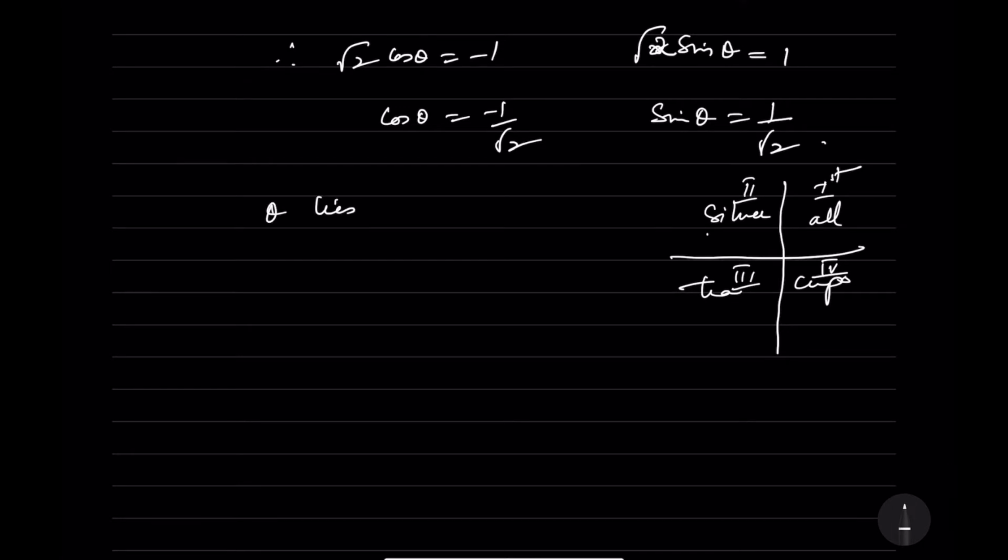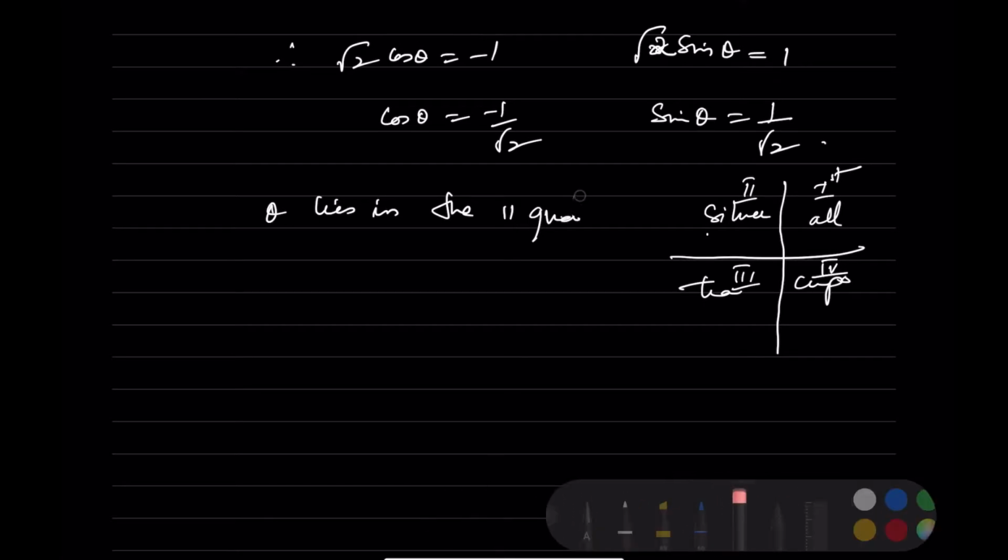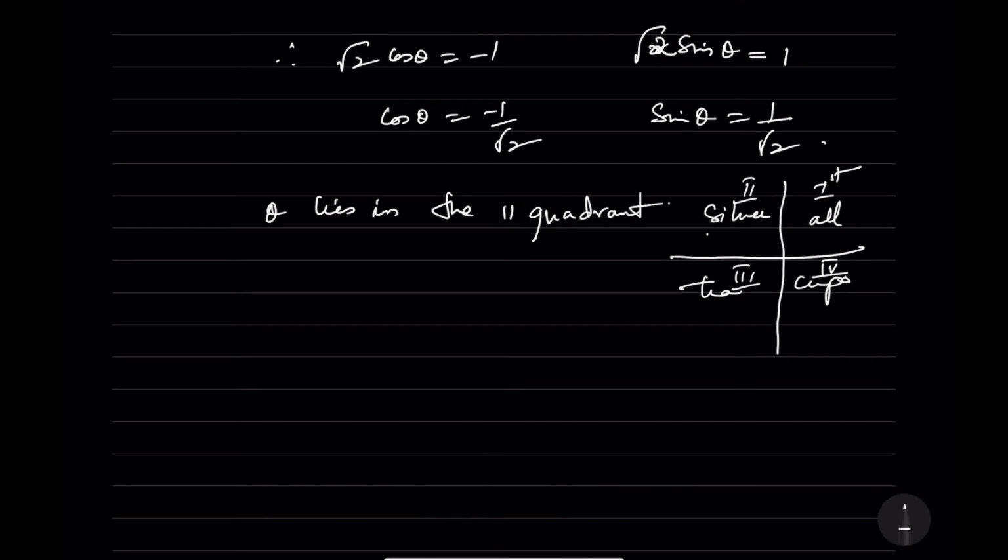Theta lies in the second quadrant as sine is positive here. What is the argument which we are having over here? It is nothing but, therefore theta is equal to pi minus pi by 4, we have seen in the previous exercise, which is equal to 3 pi by 4.